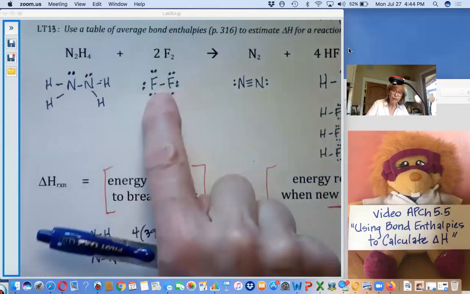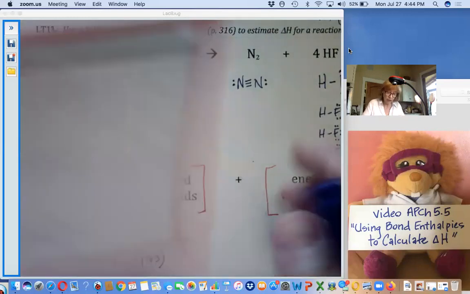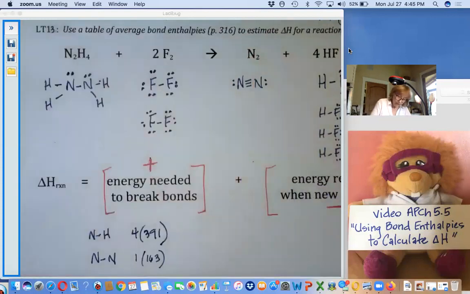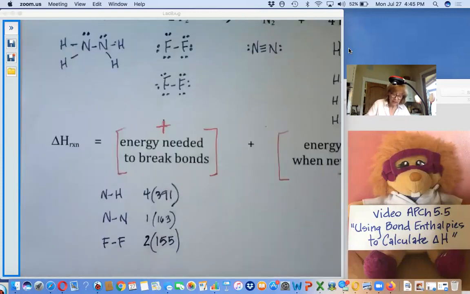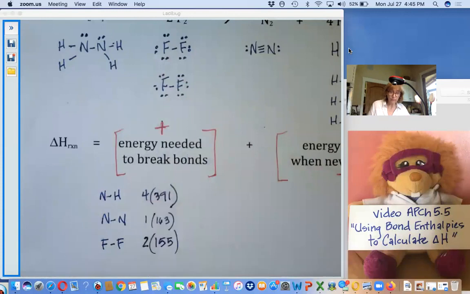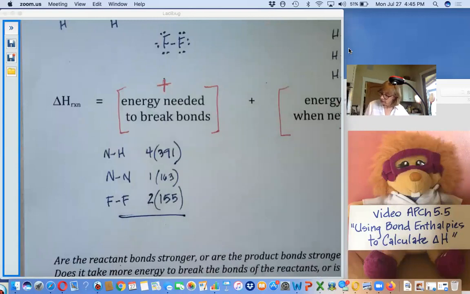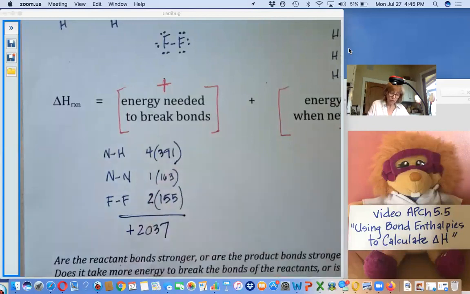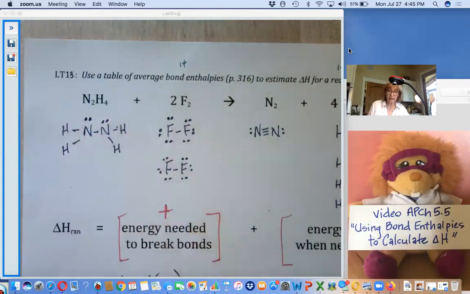And then I have the fluorine to fluorine single bond, and there are 2 of them in these 2 molecules. That is 155. The fluorine to fluorine bond, 155, and I have 1 in each of the 2 molecules. So I add up that total, and the total value is positive 2,037. That's the total amount of energy needed to break every one of these bonds in the reactants.